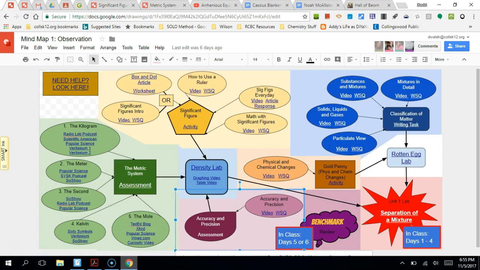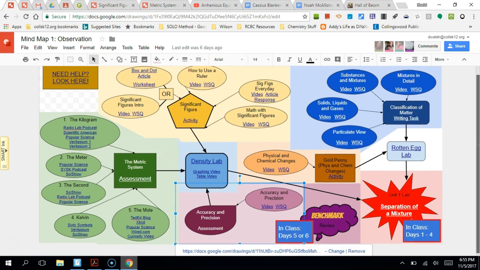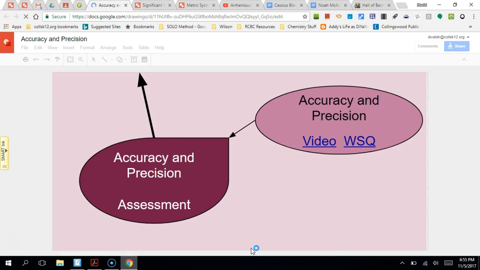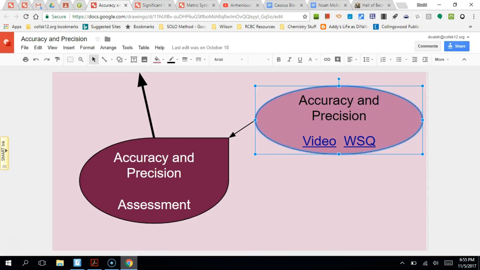In terms of accuracy and precision, I think it's important that that goes hand in hand with significant figures. It's a very straightforward topic, but you need a set of data in order to talk about accuracy and precision, or at least some data.